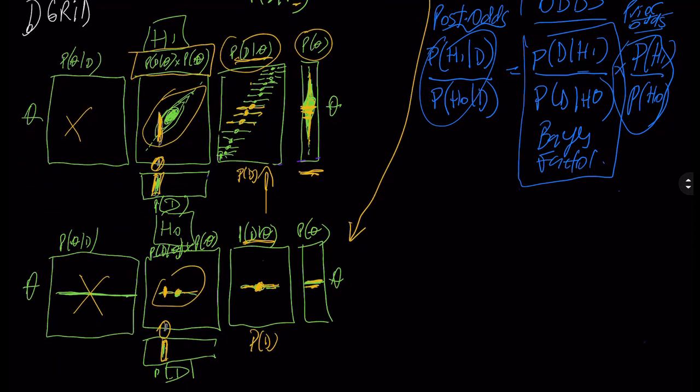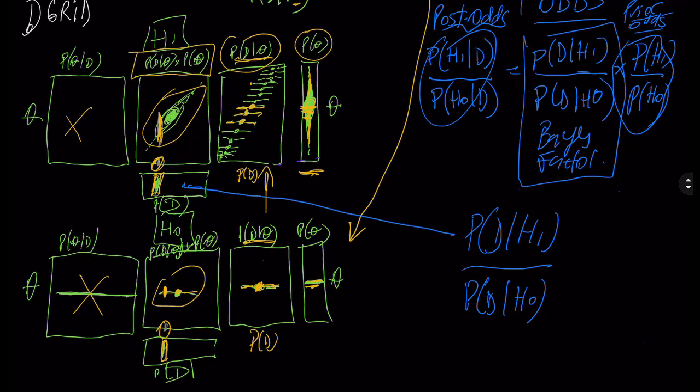So where does this come from? Probability of D given H1 over probability of D, data, given H0. Well, we have it here. This is the probability of the data in H1, and this one is the probability of the data given H0.